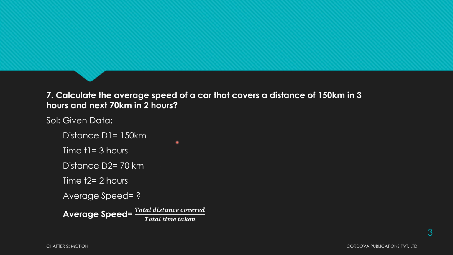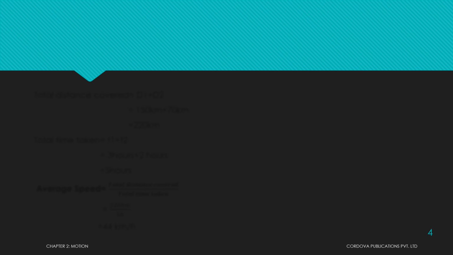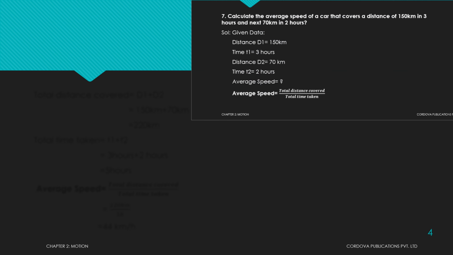In the data, have they given the distance covered? Here they have given two distances, right? So they have given the distance and time taken. Did they give the time? Yes, they have given it in the question itself, right?